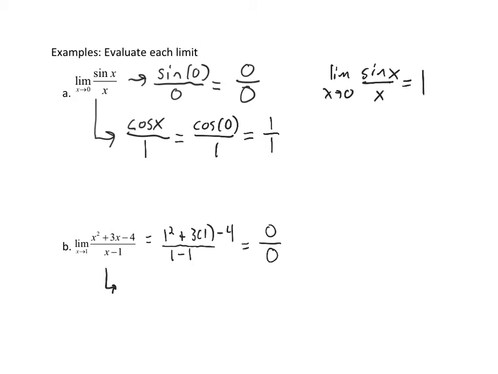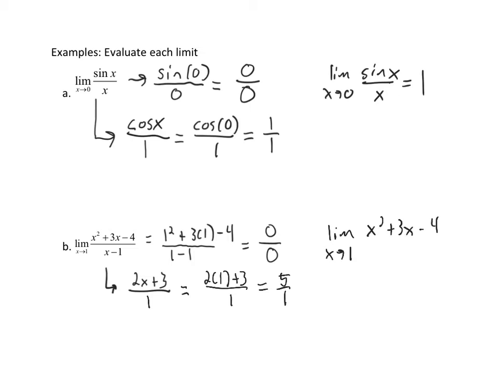Let's take the derivative of the top, which is 2x plus 3, and the derivative of the bottom, x minus 1, which is just 1. Now we can plug in 1: 2 times 1 plus 3 over 1 is 5 over 1. So the limit as x approaches 1 of x squared plus 3x minus 4 over x minus 1 is simply equal to 5.